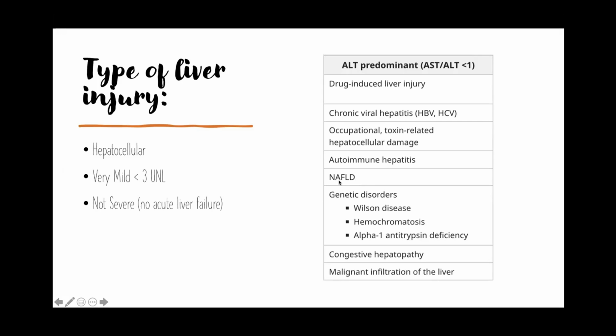NAFLD, non-alcoholic fatty liver disease, he's not obese. He has hyperlipidemia, so maybe he has some component, but his LFTs were also normal before starting the statin. Genetic disorders, Wilson disease, no, because usually there's a family history and a younger patient.